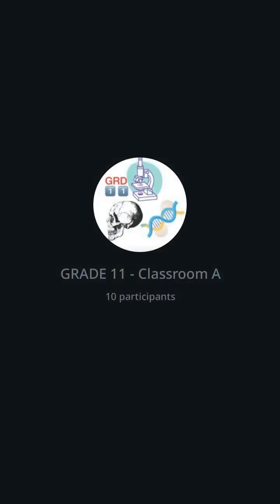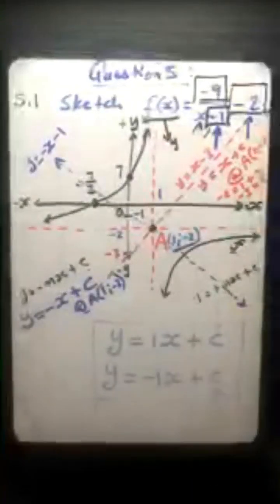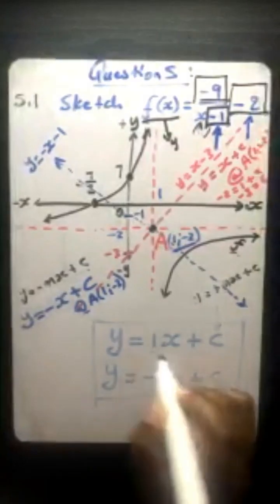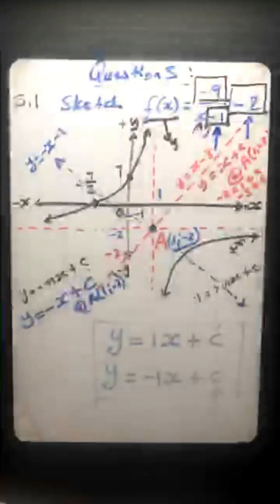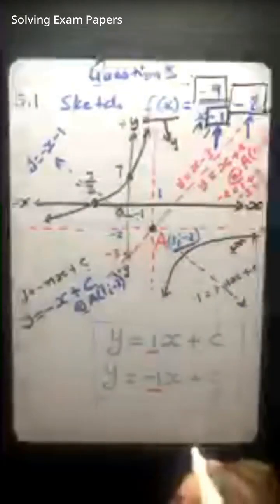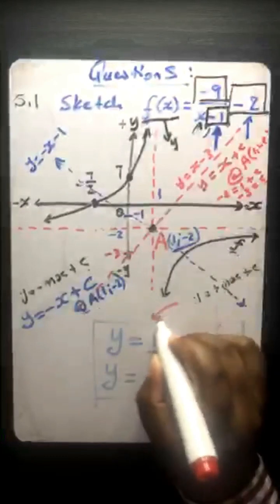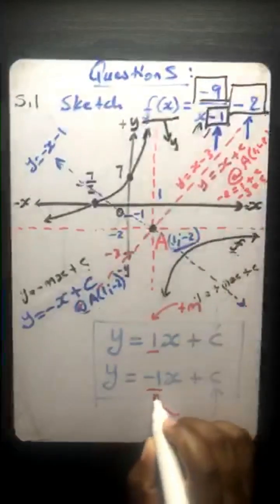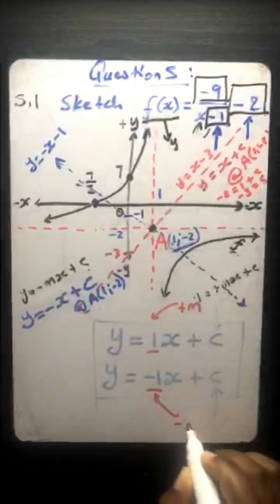Then you need the point of intersection of those in order to calculate the c value. So that means the gradient will always be either positive 1 or negative 1. What makes it to be positive? That's if they say for the line that has a positive gradient, or for a line that has a negative gradient. Does it make sense?